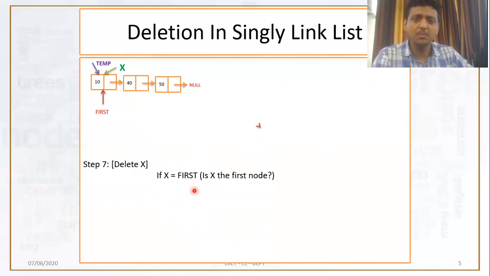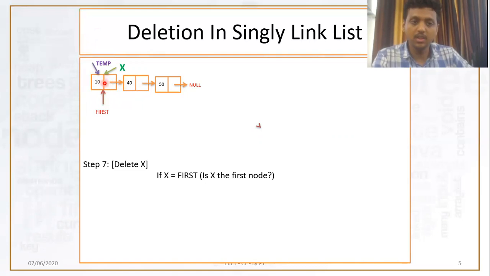Students, when x is the first node, your temp will be pointing over here. X is also here. First is also here. If I want to delete this node, what do I need to do? I just need to move the first pointer to the next node.